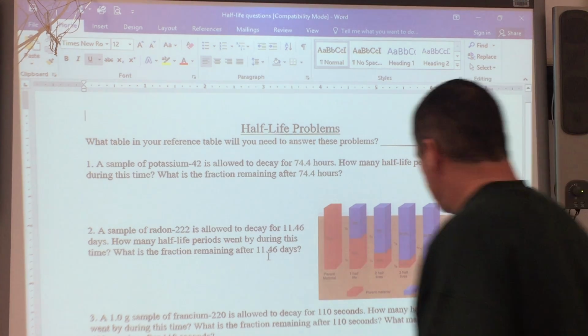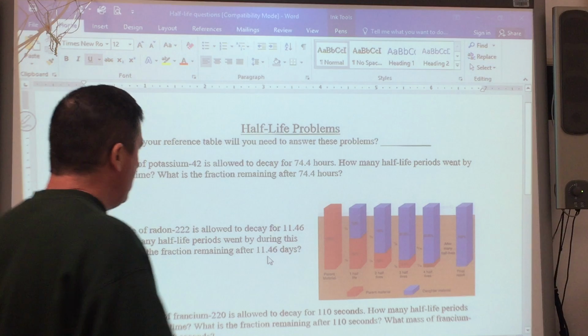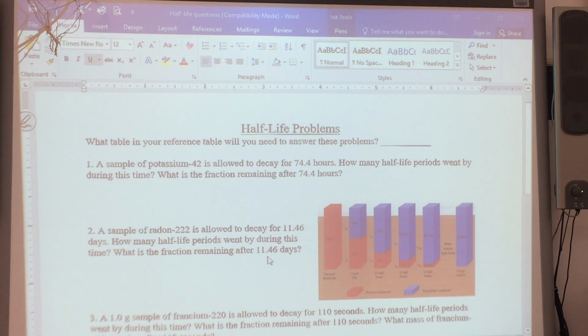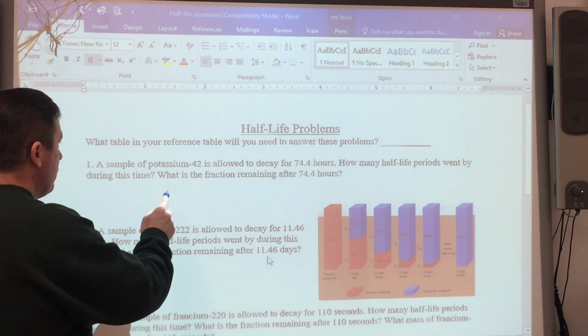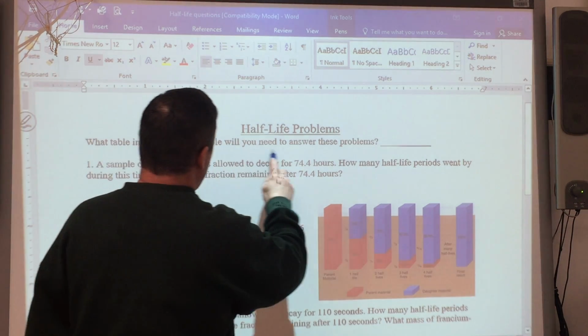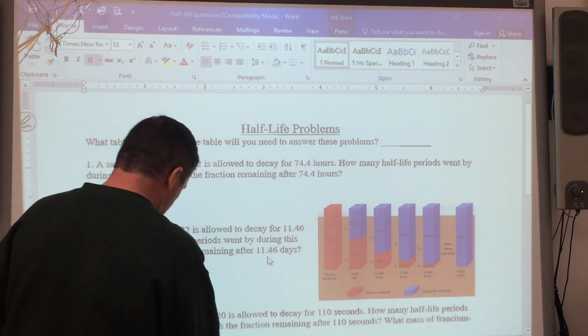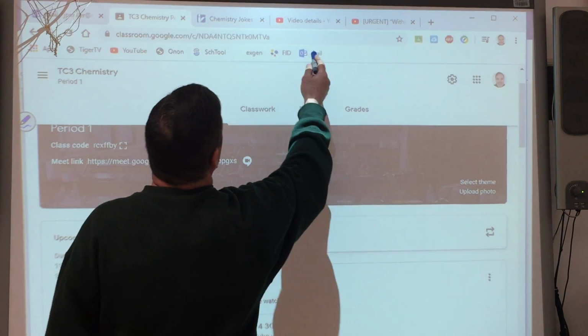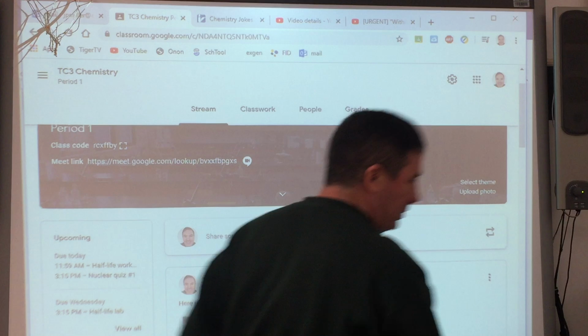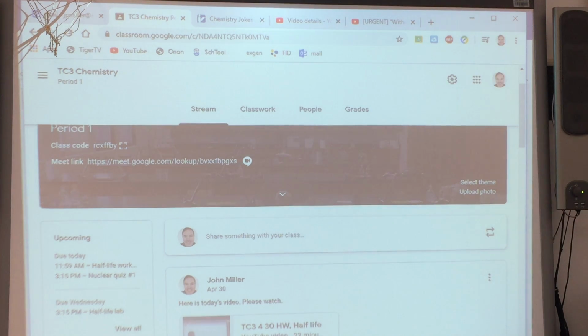So I'll go through these as quickly as we can. It should only take about 10 minutes. In each of these cases, you're going to need your reference table. What table in your reference will you need to answer these problems? I had to restart my computer.